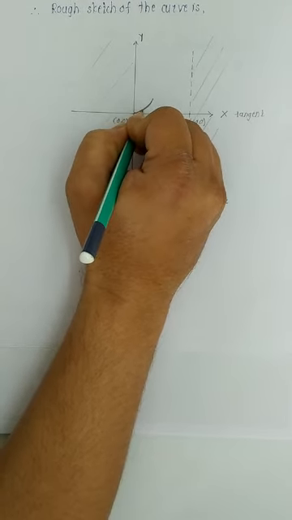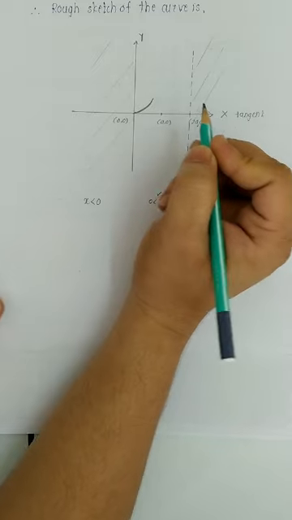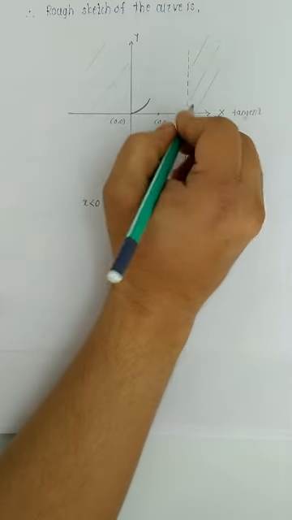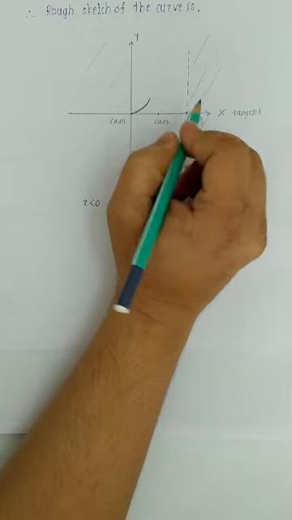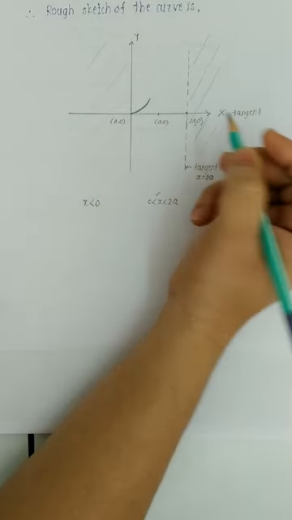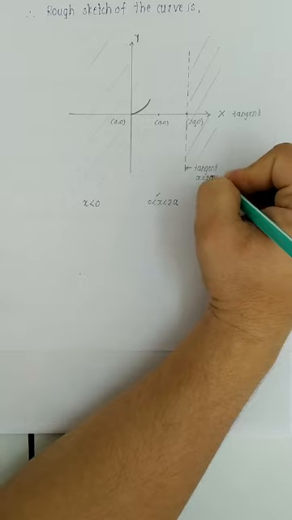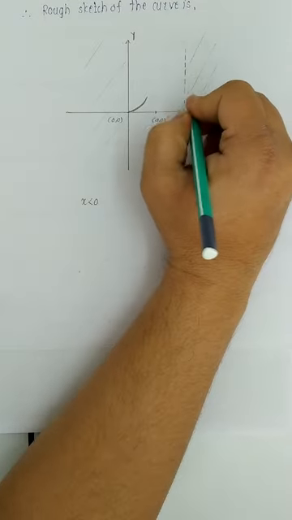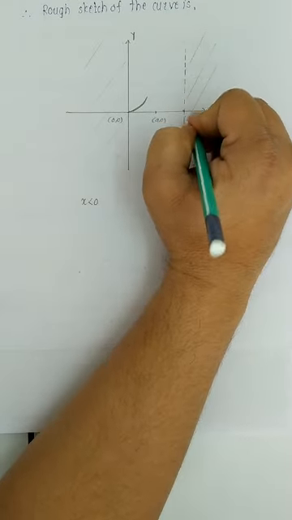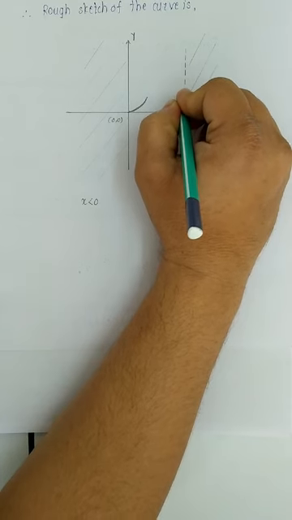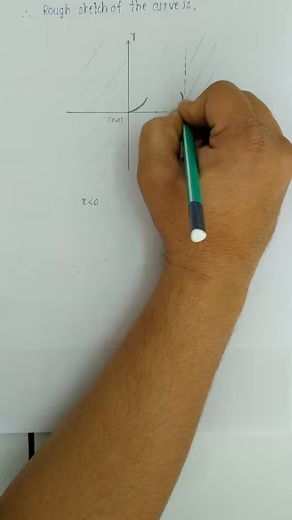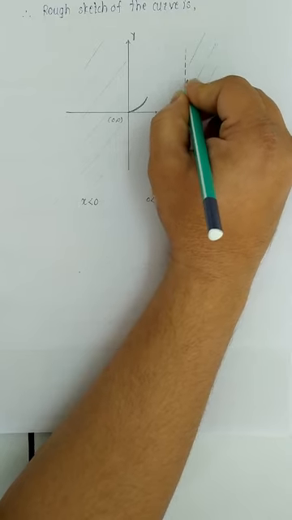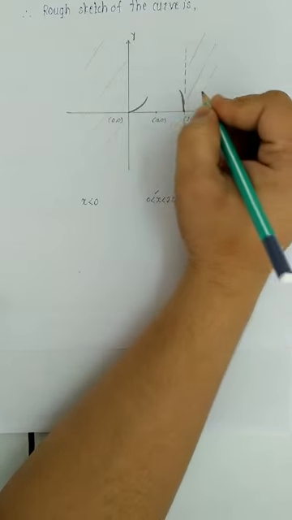Therefore, we have drawn the branch of the curve like this. Second, now we will go to this point 2a comma 0. In the third characteristic itself, we have derived that this line x equal to 2a is tangent to the curve at the point 2a comma 0. So here, the branch of the curve should be like this, so that this line will be tangent to the curve.